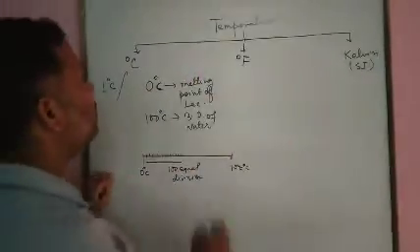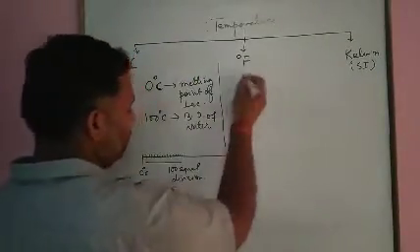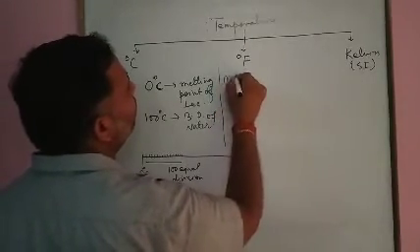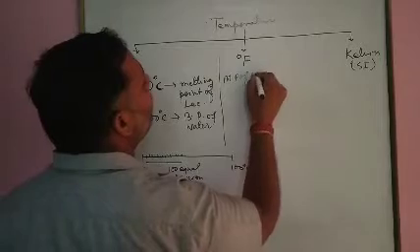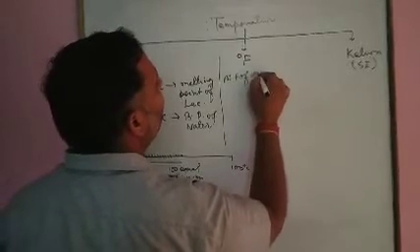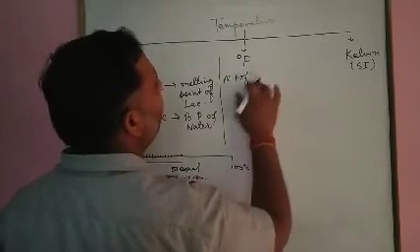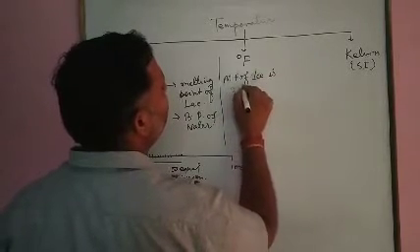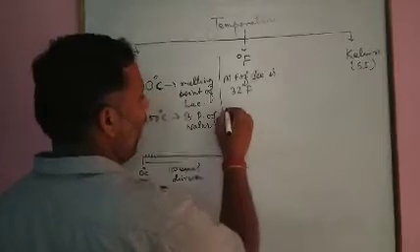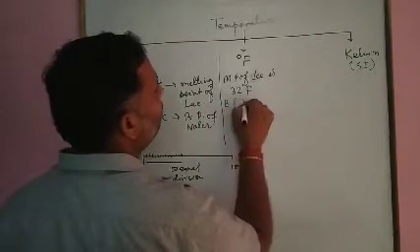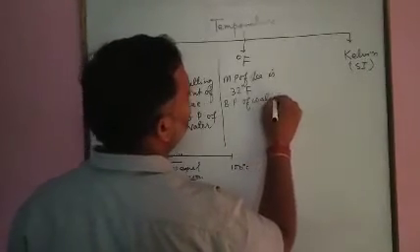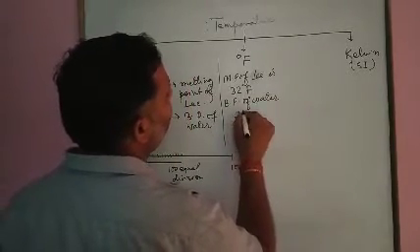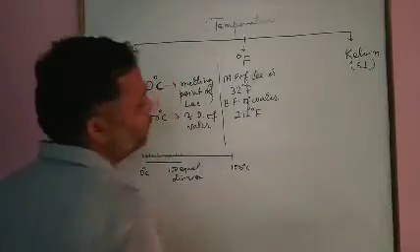If we discuss the Fahrenheit scale, it is also based on this. The melting point of ice is assumed as 32 degree Fahrenheit and the boiling point of water is assumed as 212 degree Fahrenheit.